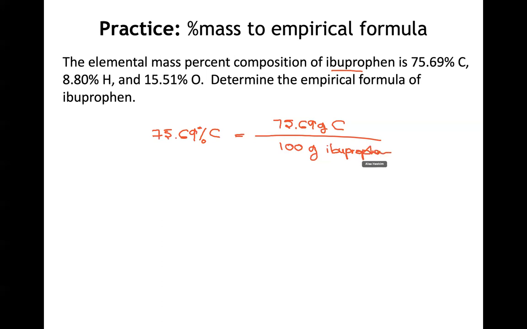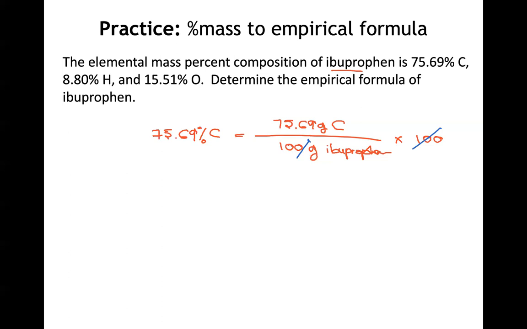And it's a percent, so we're really multiplying by 100. All right. So then it's also equivalent to having 75.69 grams of carbon, right? Because grams is canceling out grams, or 100 is canceling out 100.